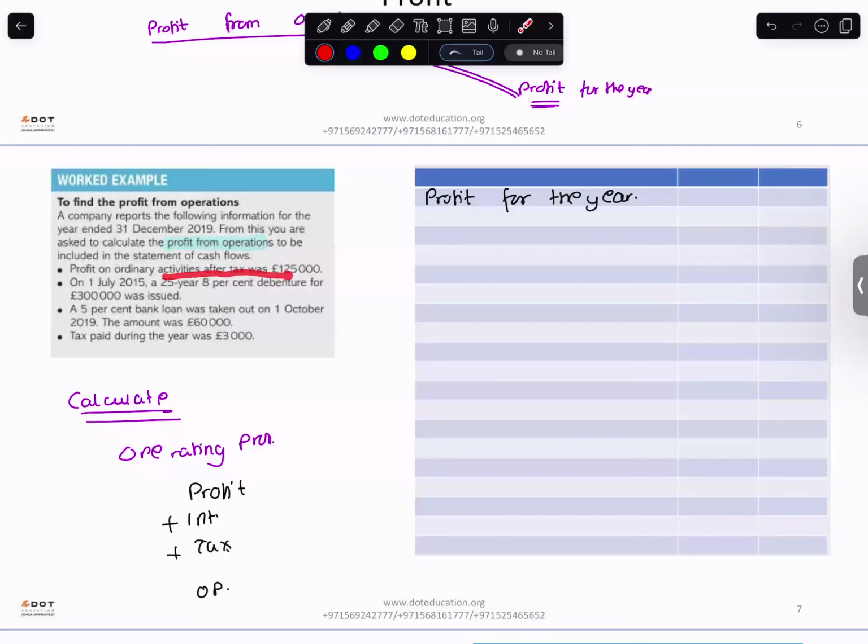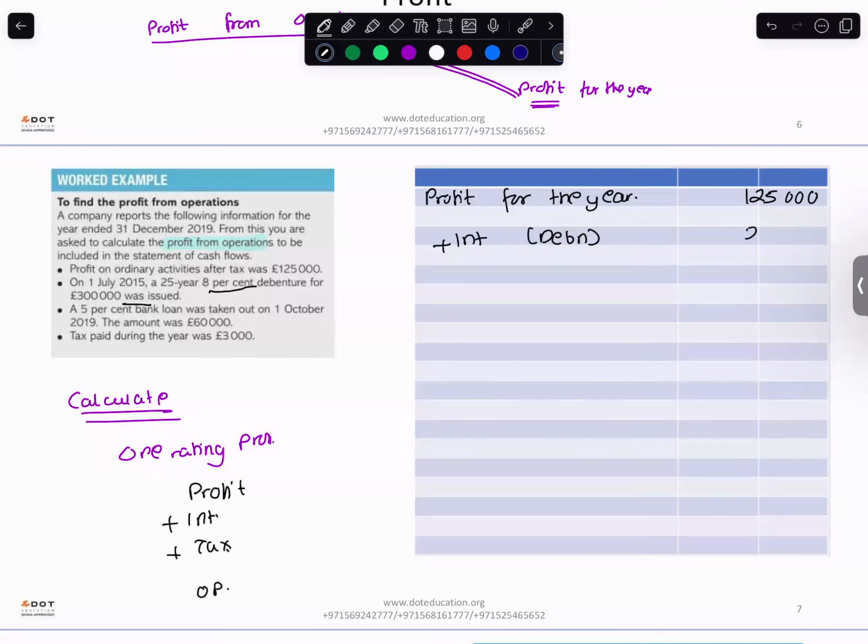Profit on ordinary activities after tax was 125,000 pounds. On 1st July 2015, a 25-year 8% debenture for 300,000 pounds was issued. So add interest: 8% of 300,000.